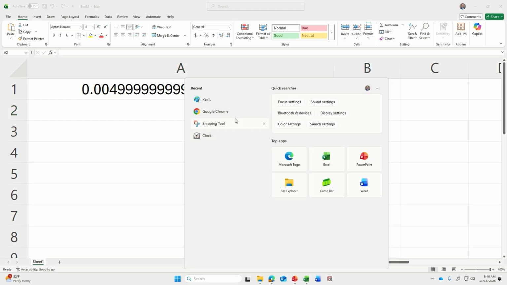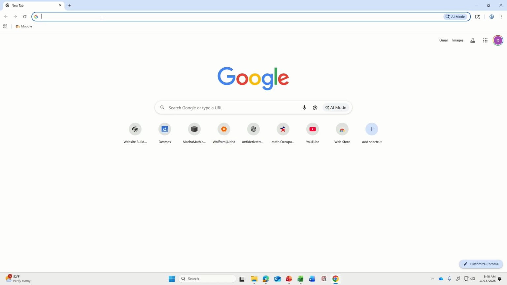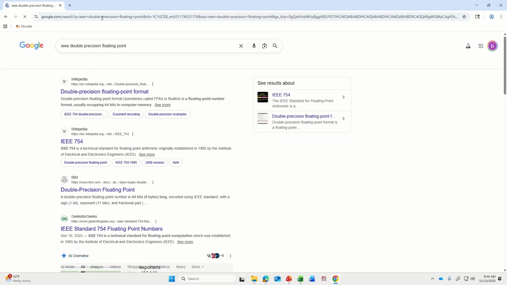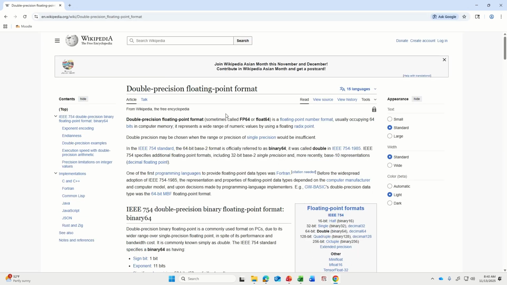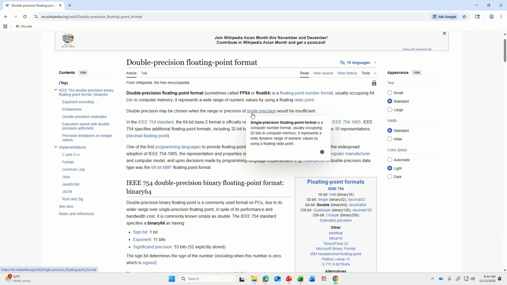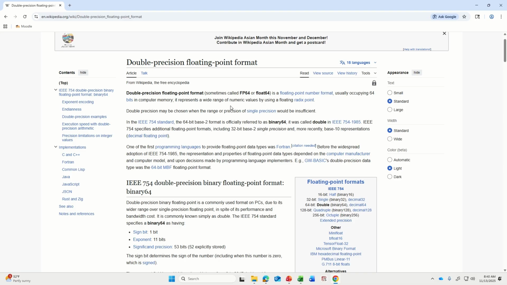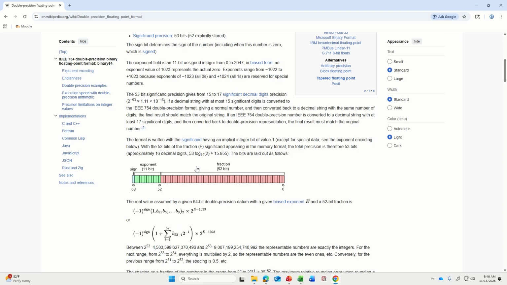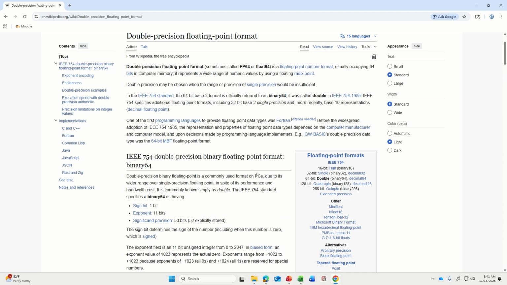If you are interested in learning more about this, Google search IEEE double precision floating point, and there's a Wikipedia page for it. It'll tell you how computers use zeros and ones to store approximations of real numbers. It's kind of an interesting topic.